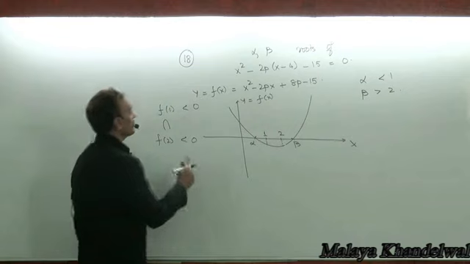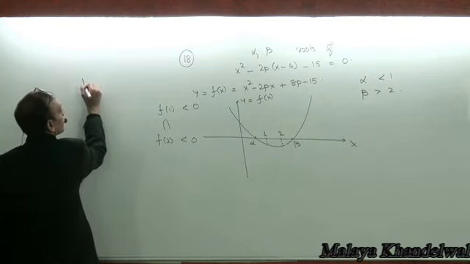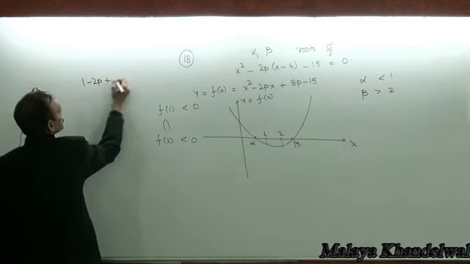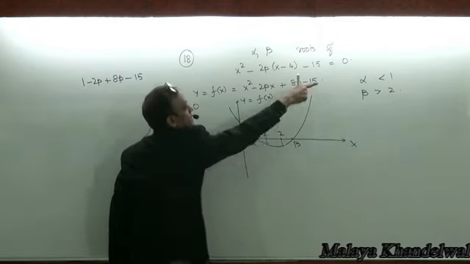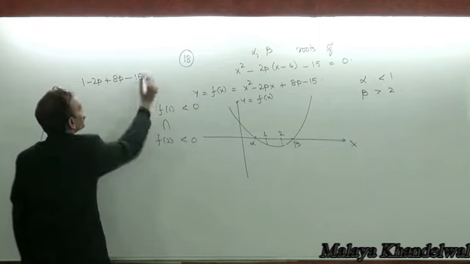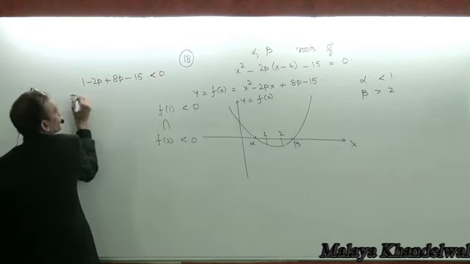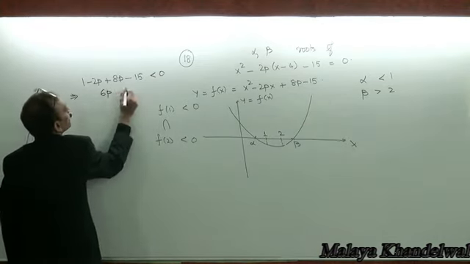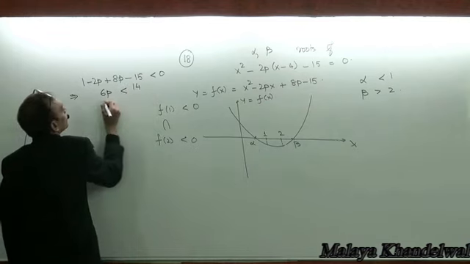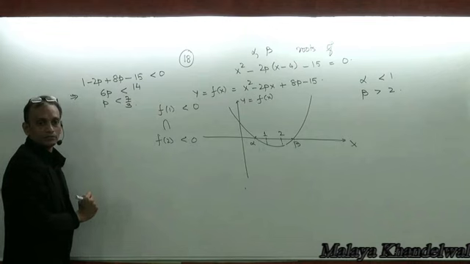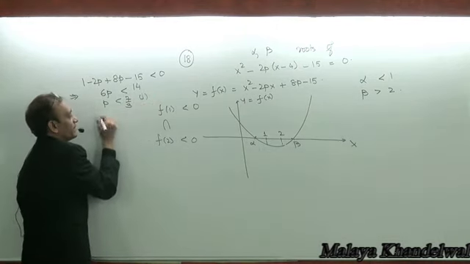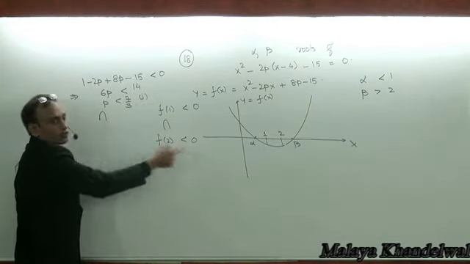What is f(1)? f(1) is 1 minus 2p plus 8p minus 15. That must be less than 0, or 6p less than 14, or p less than 7 by 3. That's one condition. And the second condition, f(2) less than 0.